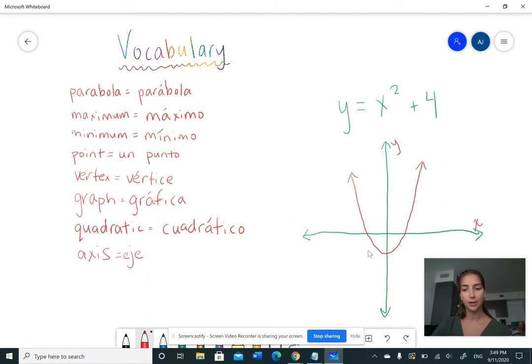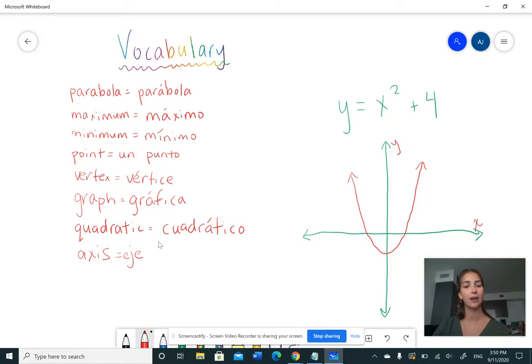Vertex is either the minimum or the maximum on a graph. So es el mínimo o el máximo en una gráfica. Vertex. And vertex significa vértice in Spanish. Graph significa gráfica, and a graph is just a picture of an equation similar to this.